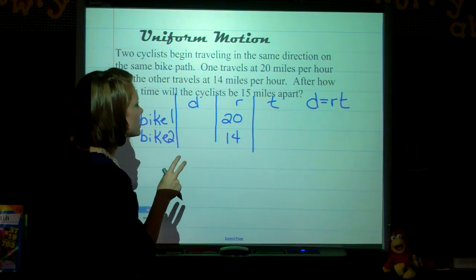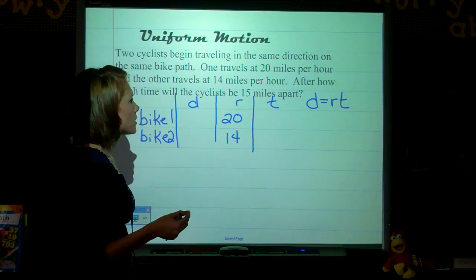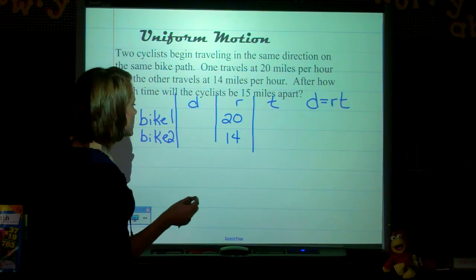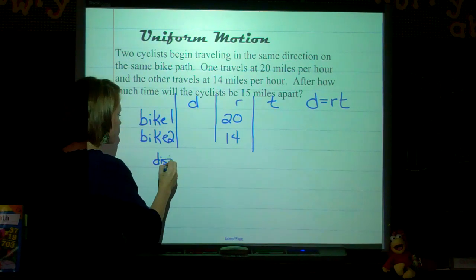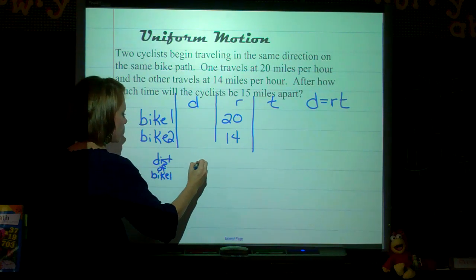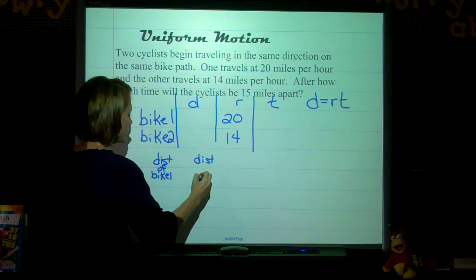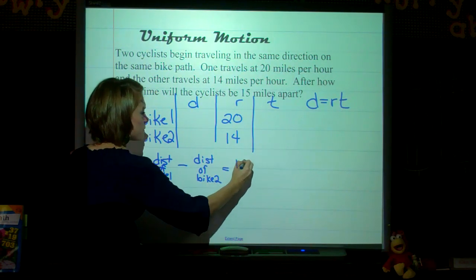So let's see. I also know I'm looking for when they're going to be 15 miles apart. So I need to see when basically the distance of biker 1 and the distance of biker 2 has a difference of 15 miles.